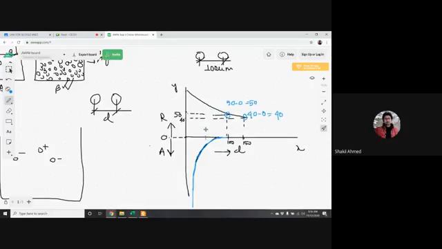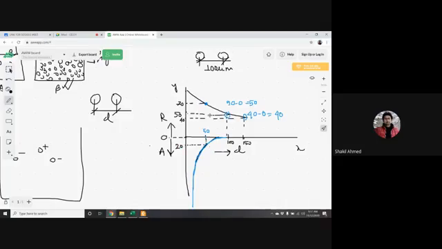This may be around 50 micrometer distance, D. What is your repulsion? Maybe, I don't know, 70? And what is your attraction at this point? 10 or 20?